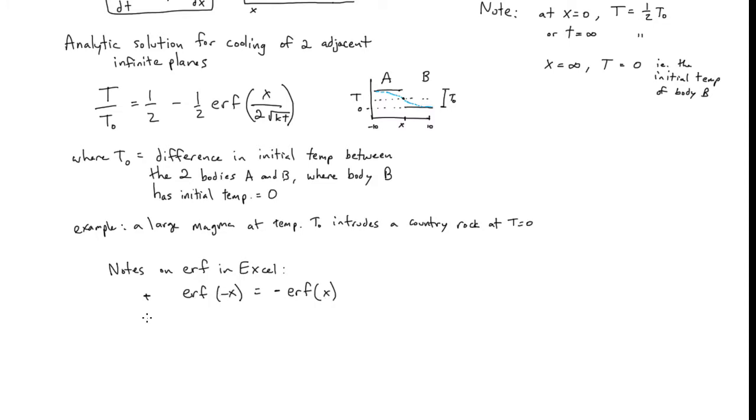And sometimes in these equations, you're going to want to solve for time or x, okay? So you're going to want to do the inverse of the error function. And this is not in Excel, but it can be calculated.